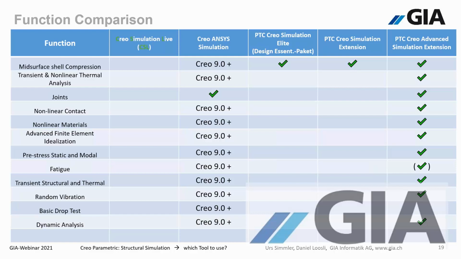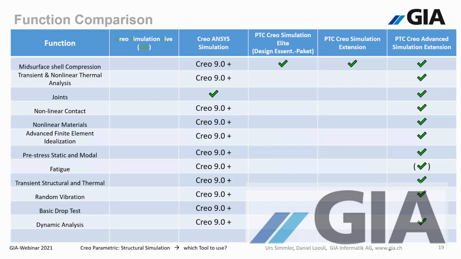Random vibration, basic drop tests might be available in Creo 9 Plus. So I would say it will take until Creo 10 or 11 that we'll see, let's say, this advanced functionality.